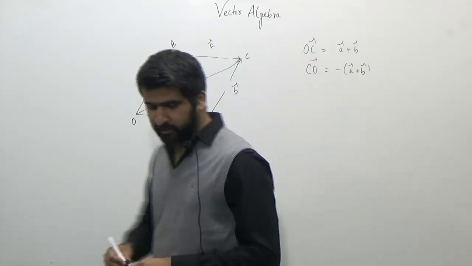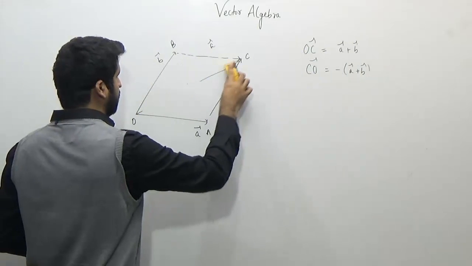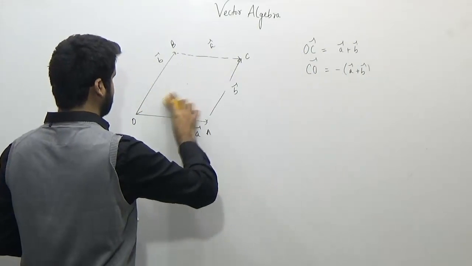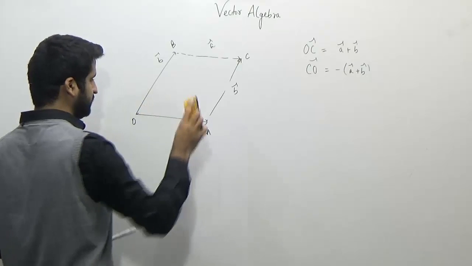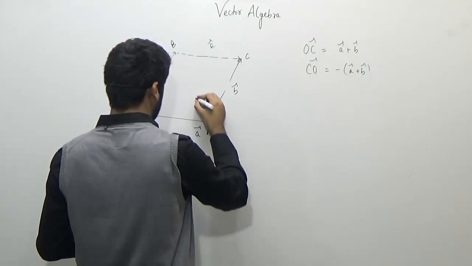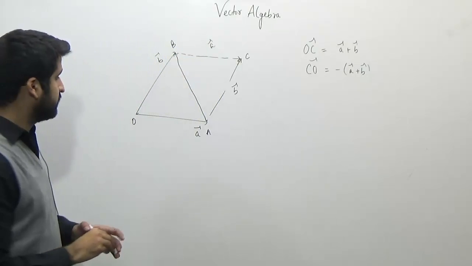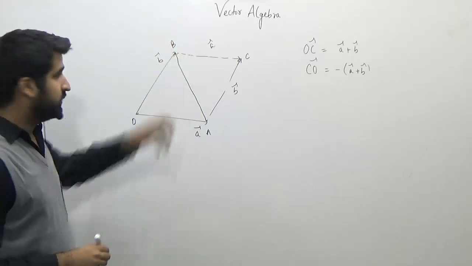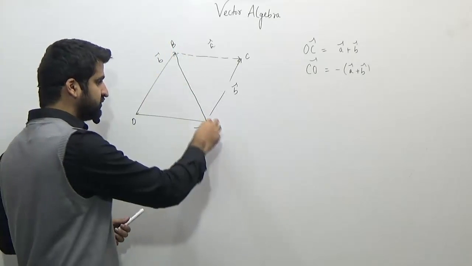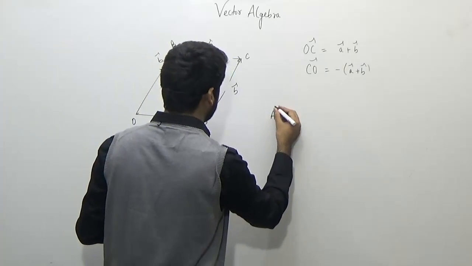Now let's try to find out this AB vector. If we want to apply the triangle law in this triangle, what we need is that AB vector should be the resultant.